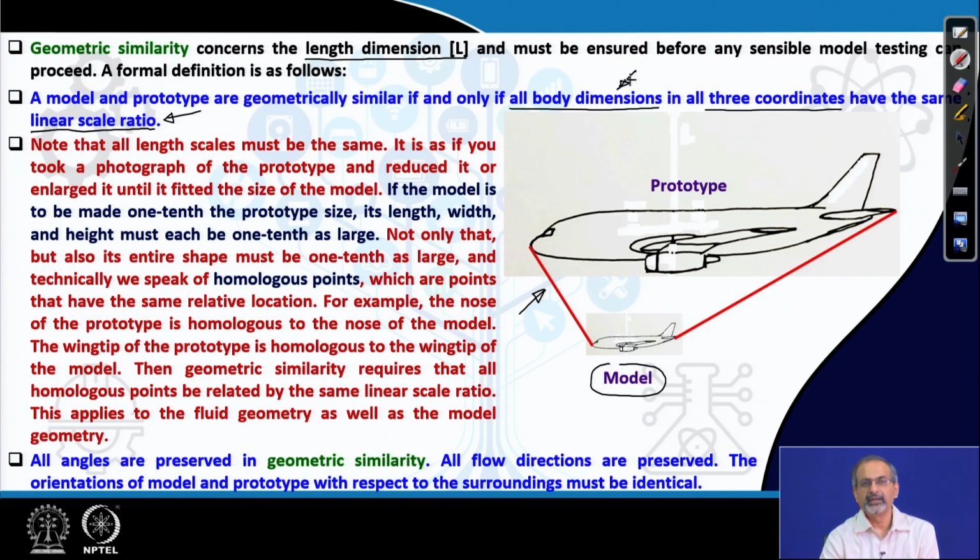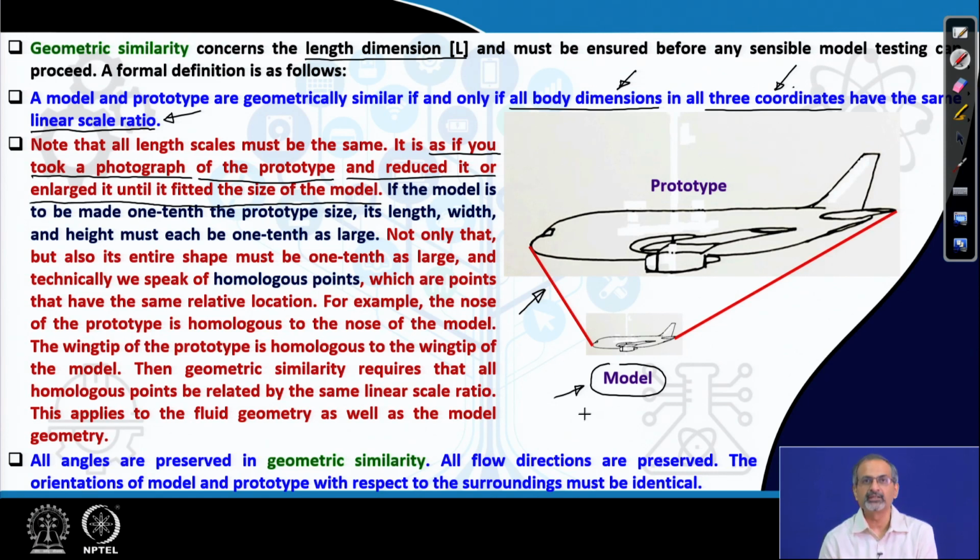All the different body dimensions in the 3 dimensions have been scaled down proportionately to arrive at the model. So, it is as if you took a photograph of the prototype and reduced it or enlarged it until it fitted the size of the model.